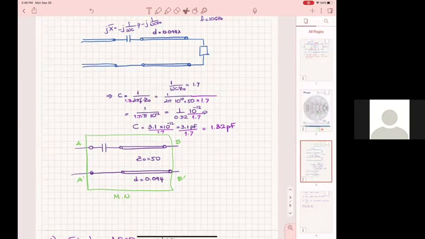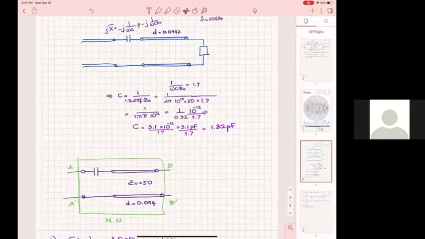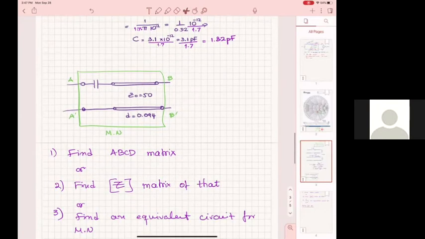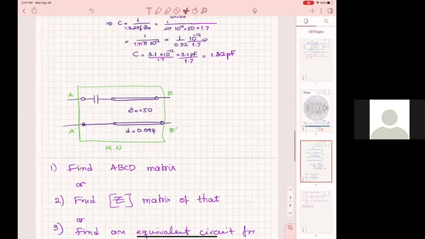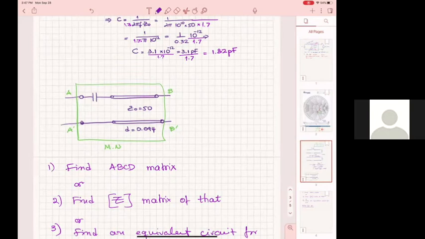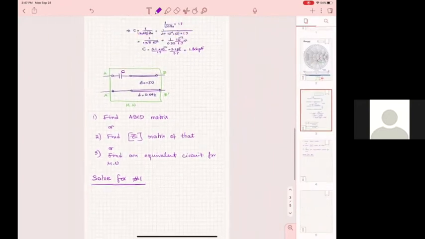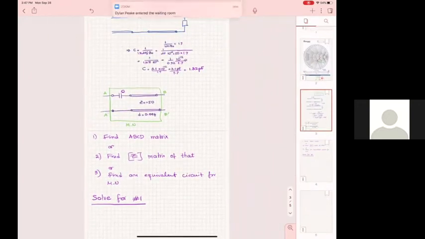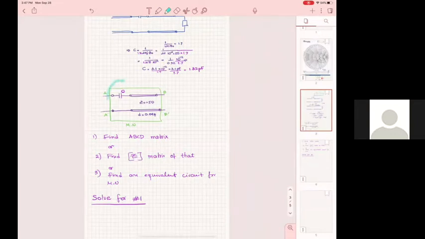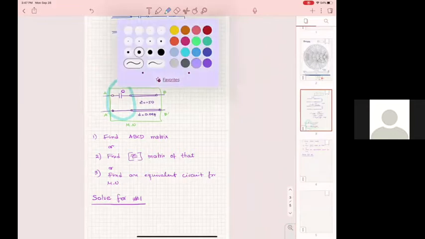Now, we solve for number one. We said that we are going to divide it into two pieces. Piece one is this one, and piece two is this one.